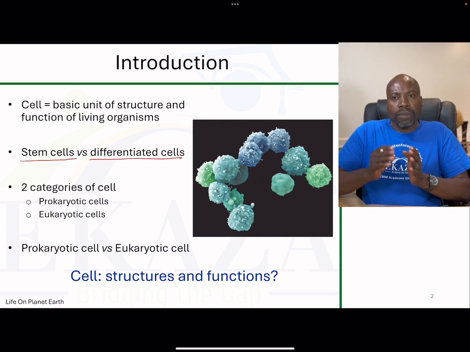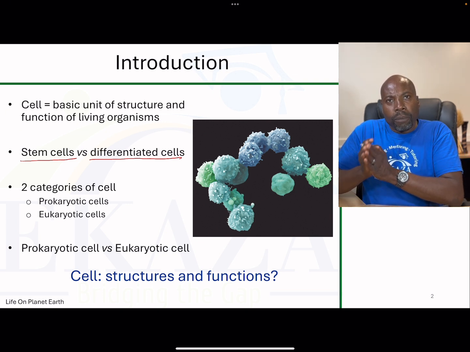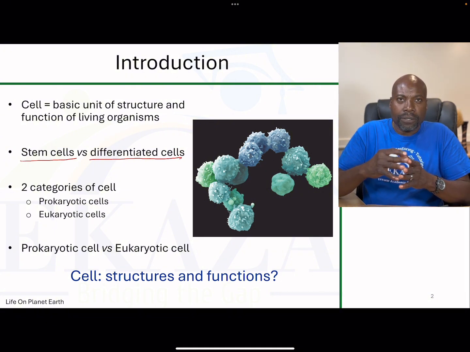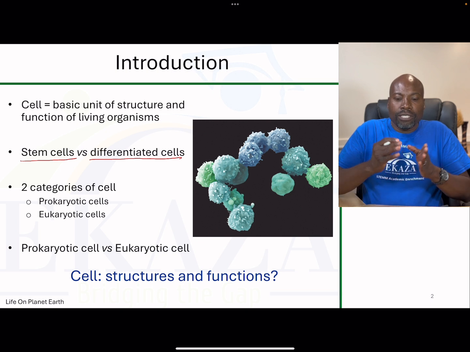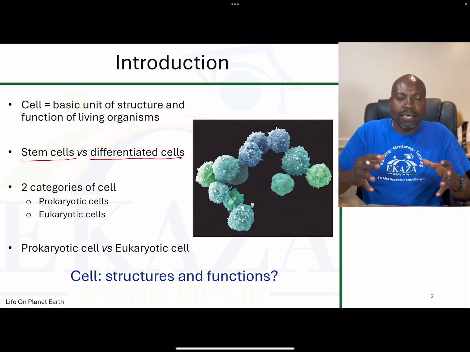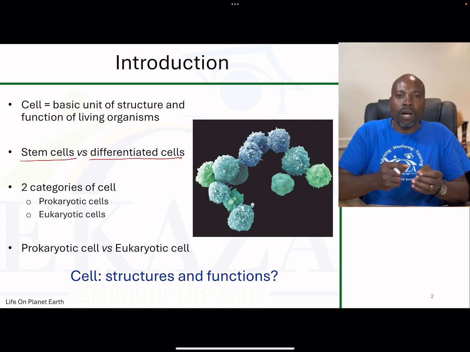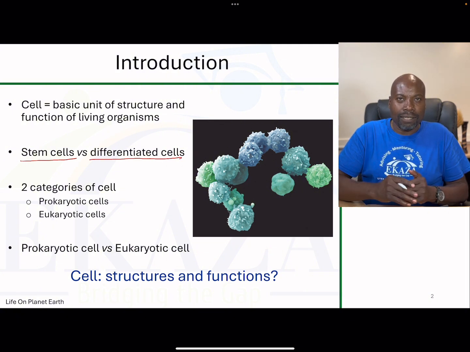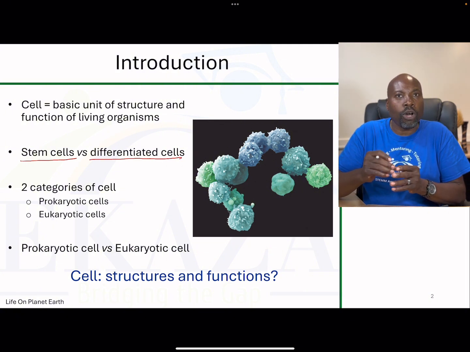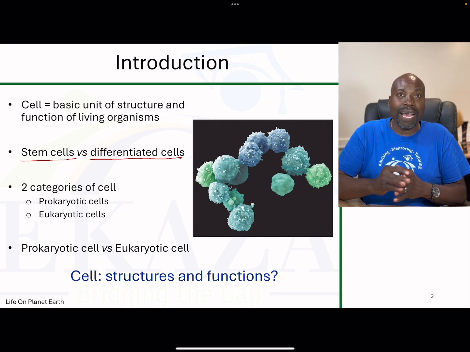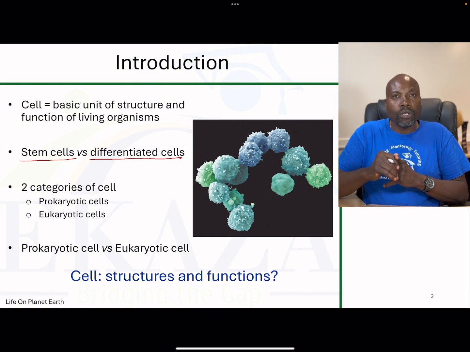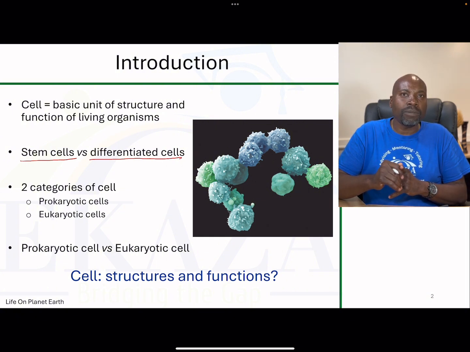And their genetic information typically is not enclosed in an envelope. Because of that, the genetic information is sitting in a relatively open space in the cell. That open space in the cell is called the nucleoid, where the genetic information, DNA, is found. And this is the case for bacteria and another type of prokaryotic organism that are archaea.